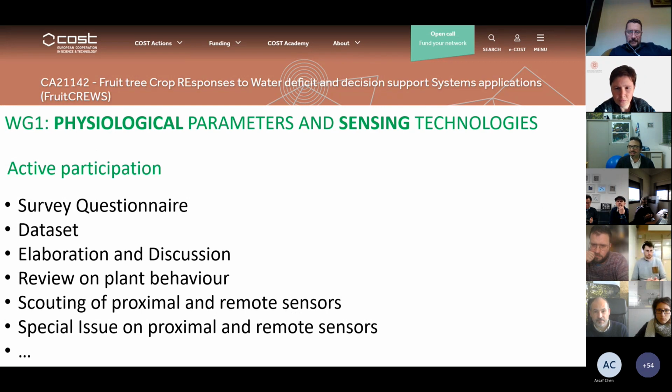About the things to do, the activity, I think, but this is just a suggestion, some activity to perform in the next future will be the survey questionnaire, of course, the dataset, the elaboration and the discussion, the review on plant behavior, the scouting of proximal and remote sensors, the special issue on proximal and remote sensors, and other things we will decide.